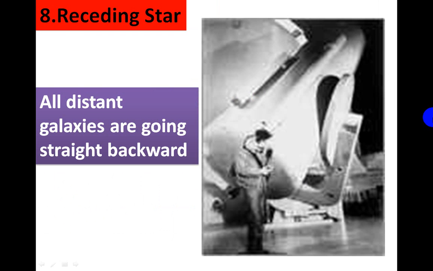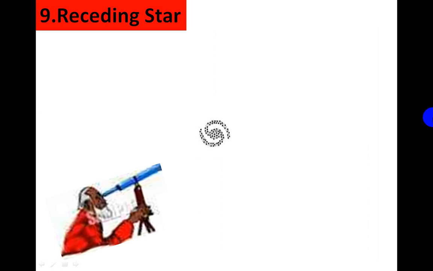Hubble also discovered all distant galaxies were going straight backward. At a large distance, if an object moves right or left, it is easy to detect.